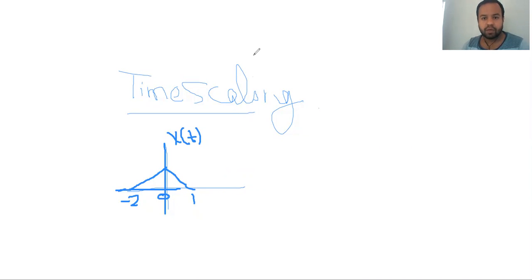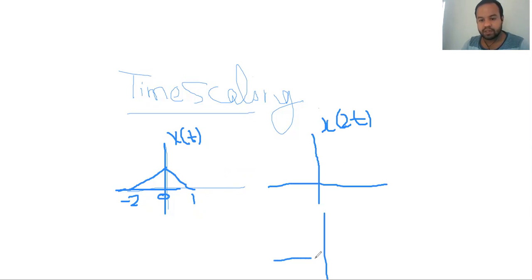What we have to draw is, first of all, x of 2t, and second, x of t by 2.